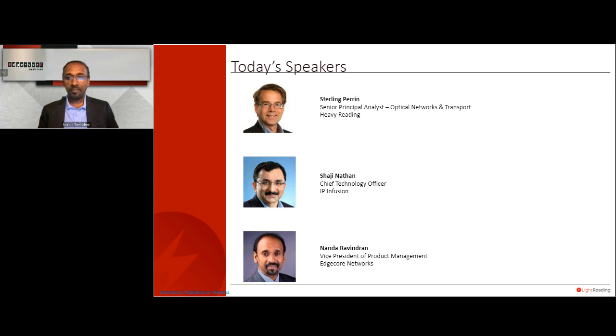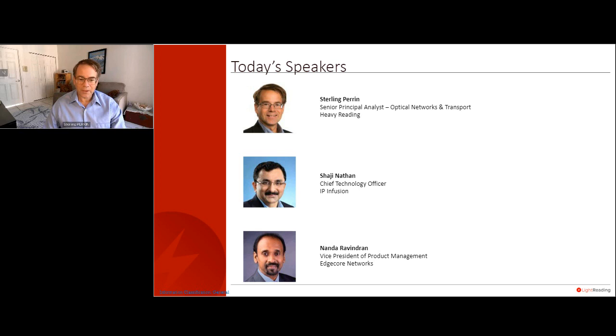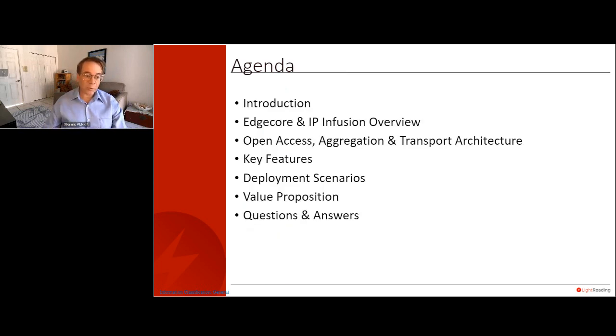All right, and so with that, we'll hear them trade off a bit through the topics as we go through. I'll make a market introduction, some data from Heavy Reading, but also from our sister company, Omdia, just to set the stage in terms of the market drivers. Each of the two companies will give a very brief introduction of who they are, just for perspective in terms of the content.